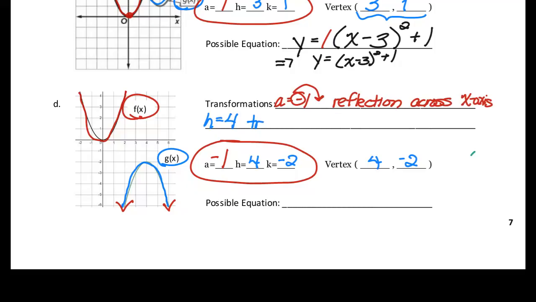That means it was a translation 4 units. In what direction? For H, if it's 4, which direction is that? Up, down, right, left? Right. H is horizontal. It's right or left. To the right, to the right.